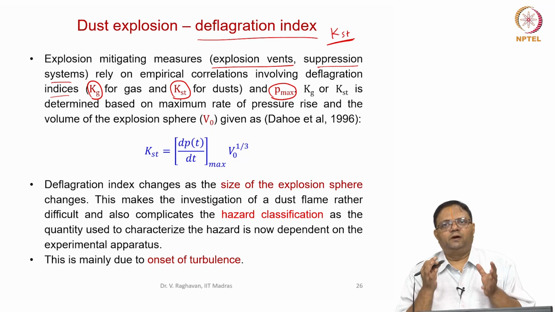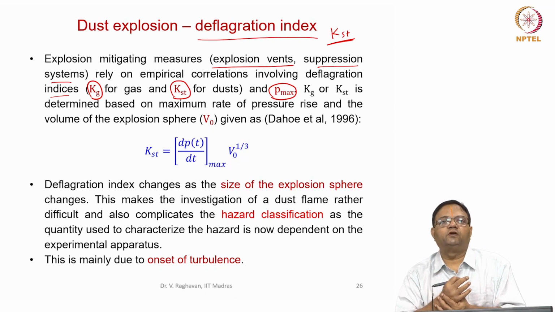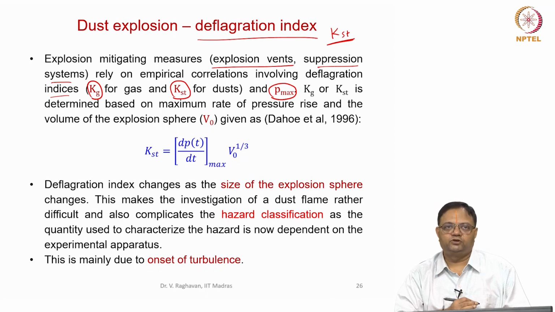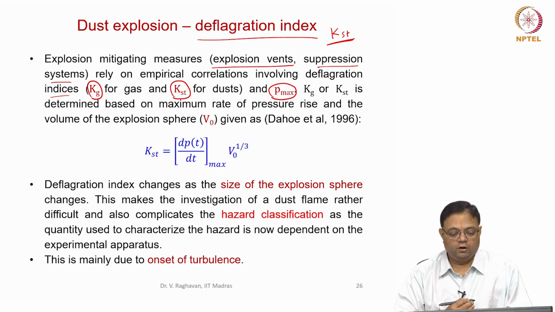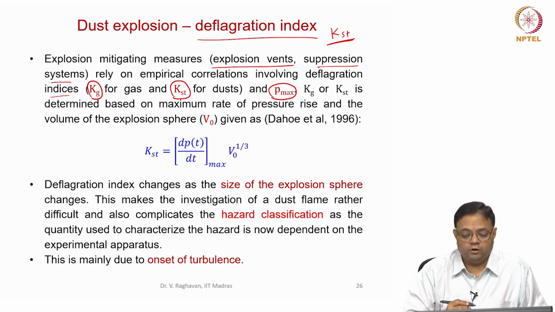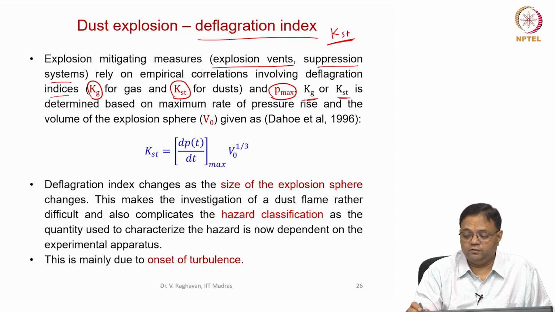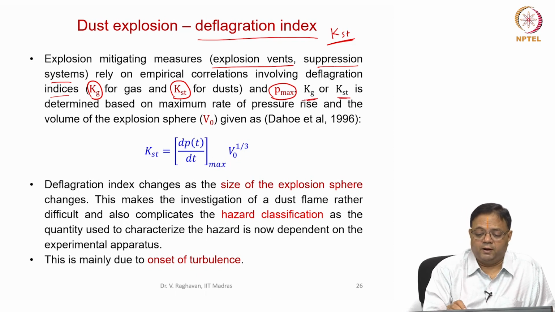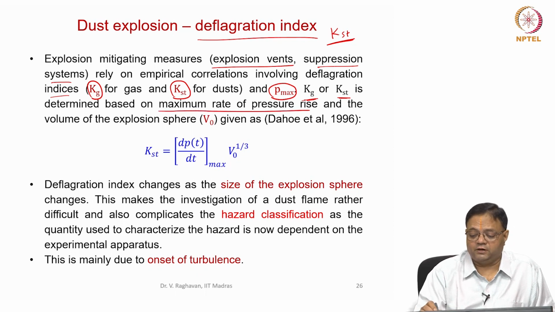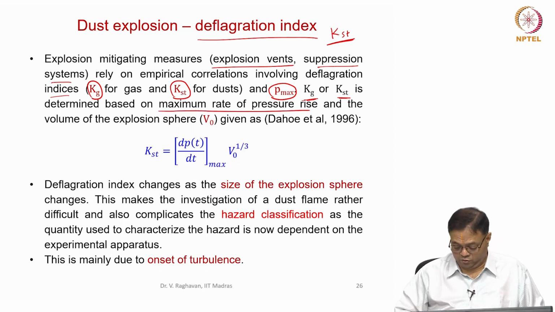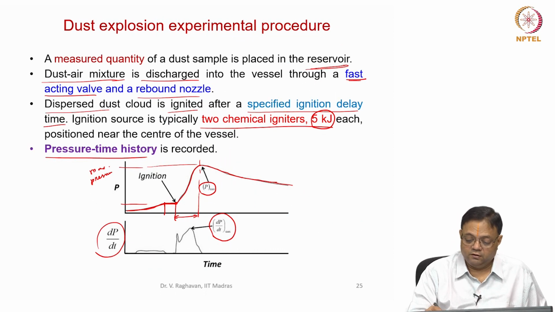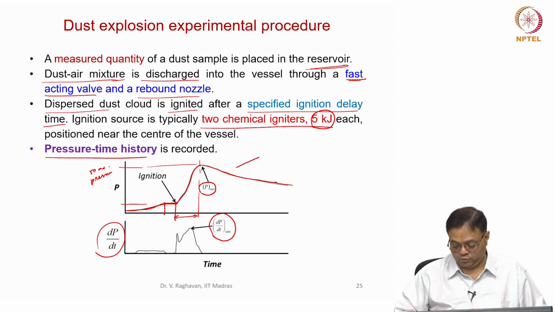This is also a function of equivalence ratio, unburnt temperature of the initial mixture, and so on. Okay, now KG or KST is determined by the maximum rate of pressure rise. That is, once I get the pressure time history, I can get the dP by dt versus time history also.